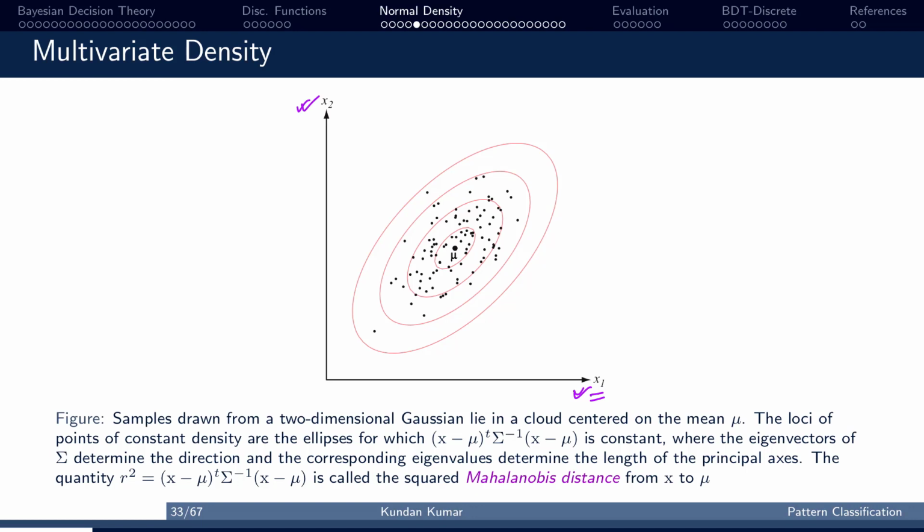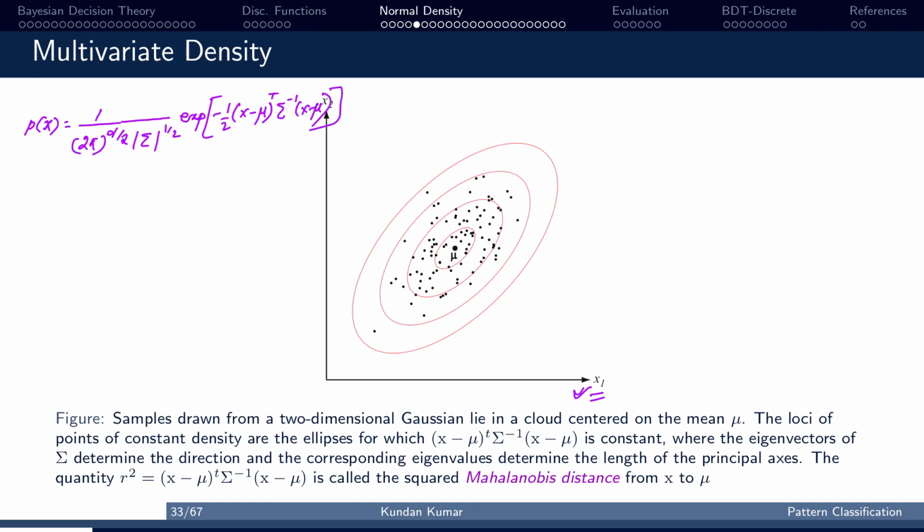If we consider the two-dimensional feature space, then our multivariate density function will be P(x) equal to 1 by root over (2 pi) power d by 2, determinant of sigma to the power 1 by 2, exponential minus 1 by 2 (x minus mu) transpose sigma inverse (x minus mu).